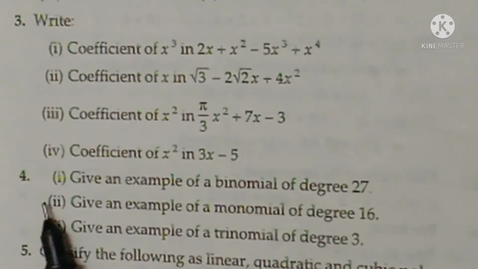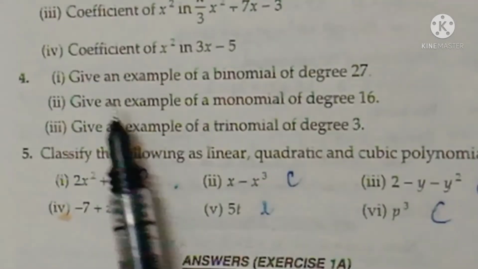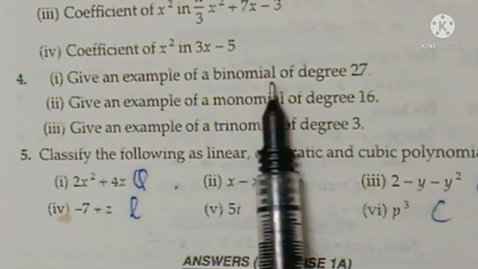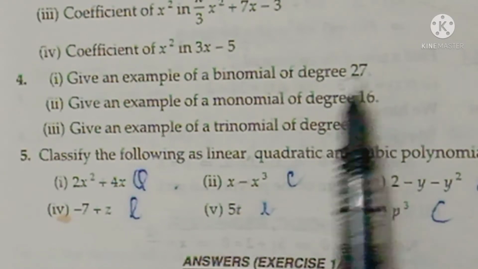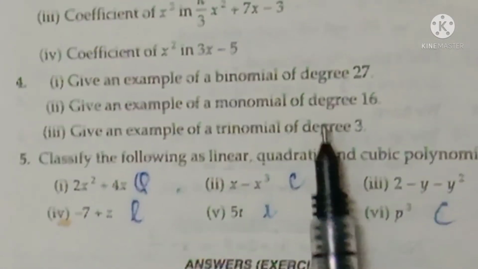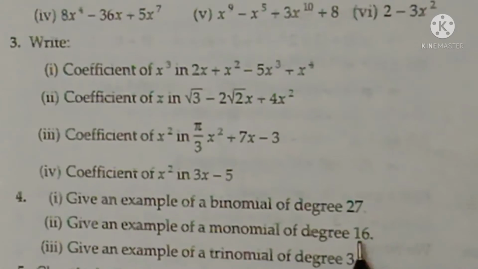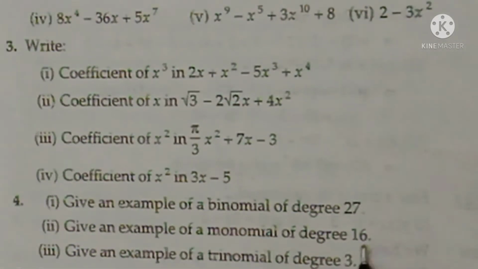Now come to question number 4. Give an example of a binomial of degree 27. Now this I am doing in the notebook. See how to make any binomial, monomial or trinomial.